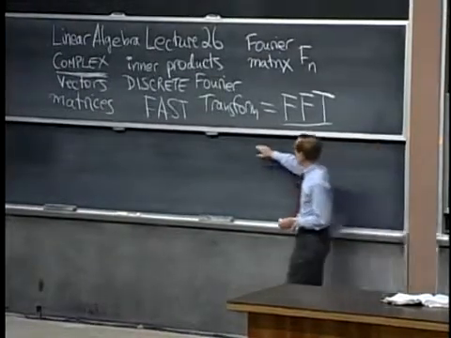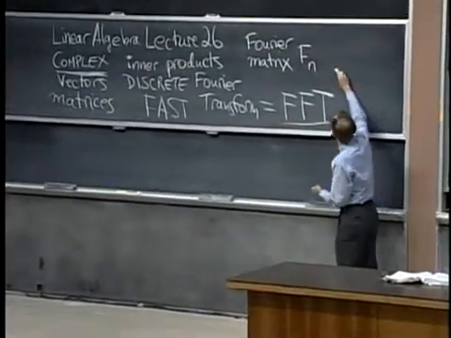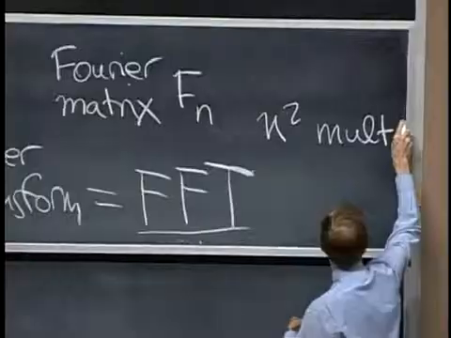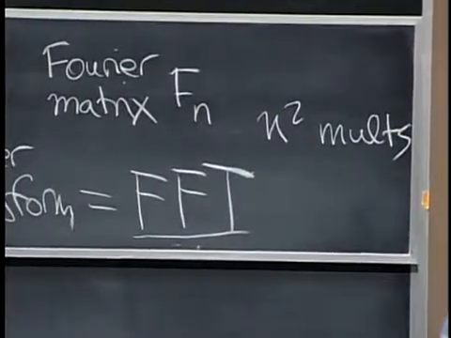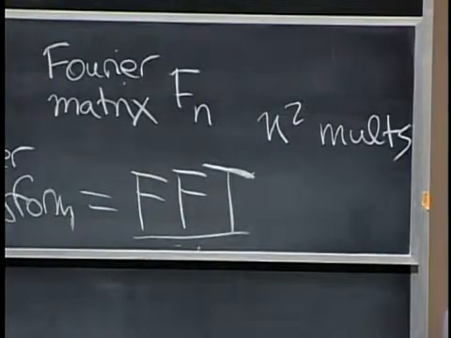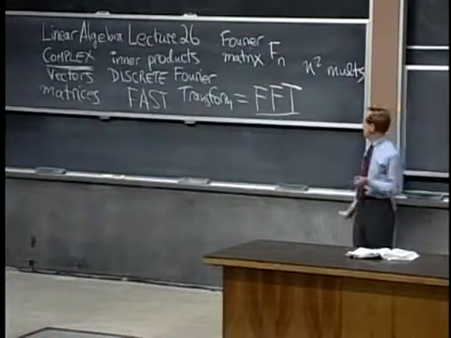Normally, multiplication by an n by n matrix would be n squared multiplications, because I've got n squared entries and none of them is 0. This is a full matrix. And it's a matrix with orthogonal columns. I mean, it's just like the best matrix.